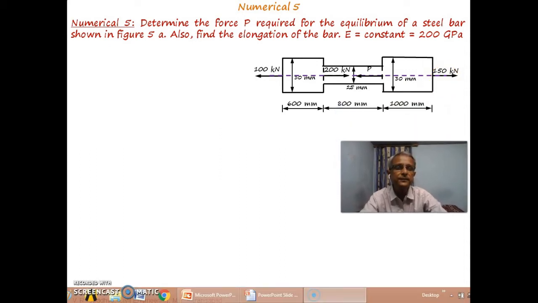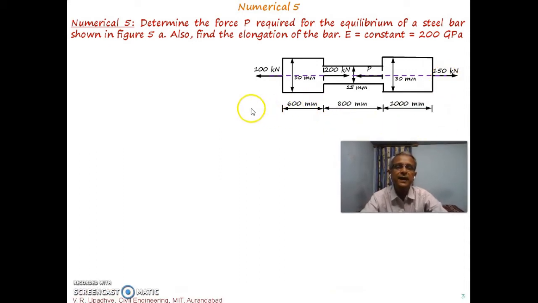And in the earlier numerical, the diameter of 30 mm was constant throughout. So here for segment 1 the diameter is 30 mm, for segment 2 the diameter is 25 mm, and for segment 3 the diameter is 30 mm. And length is also changing.